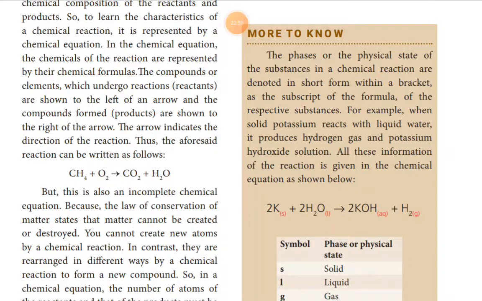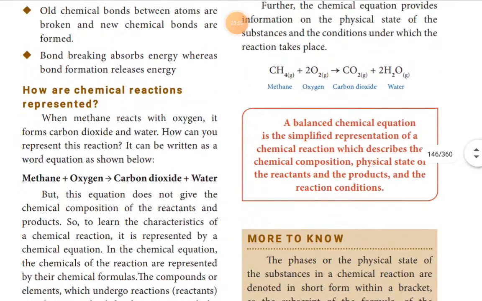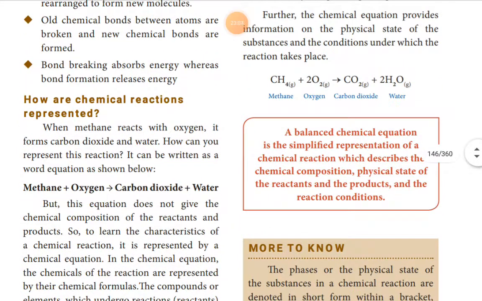Then it is going to be a balanced equation. CH4 plus 2 O2 gives carbon dioxide plus 2 water molecules. So we are multiplying the oxygen and water molecule by suitable coefficients to get an equal number of atoms on either side of the equation. This is called balancing a chemical equation.